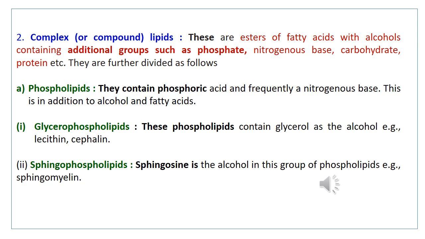The glycerophospholipids, these phospholipids contain glycerol as the alcohol, for example lecithin and cephalin. Sphingophospholipids, the sphingosine is the alcohol in this group of phospholipids, for example sphingomyelin.